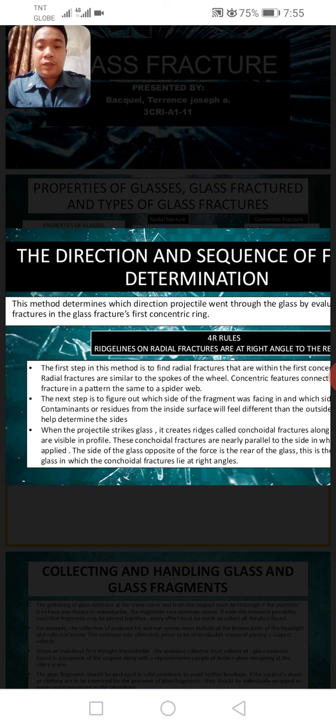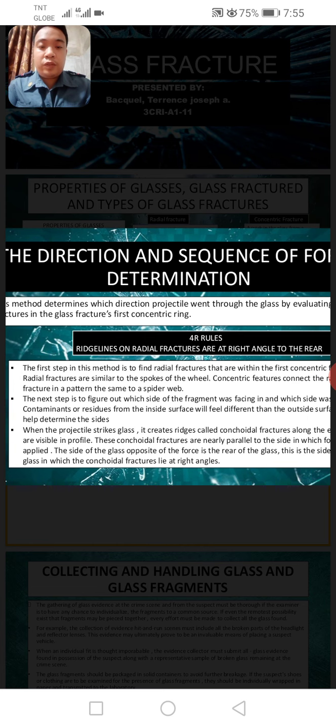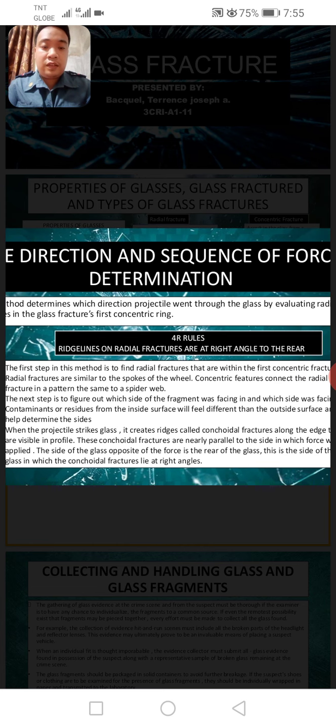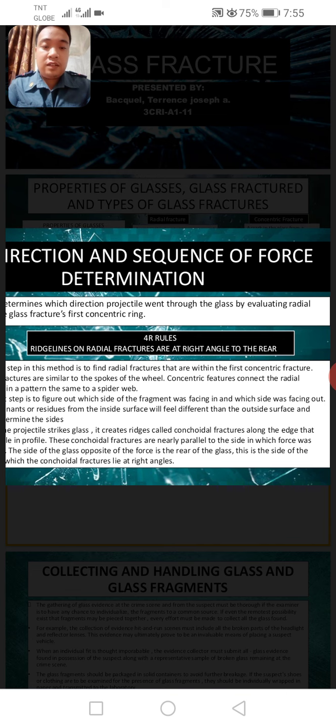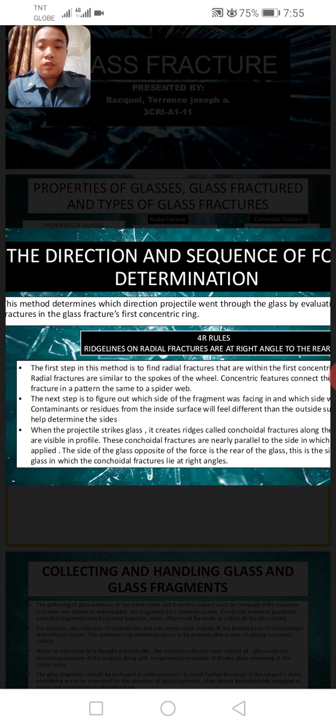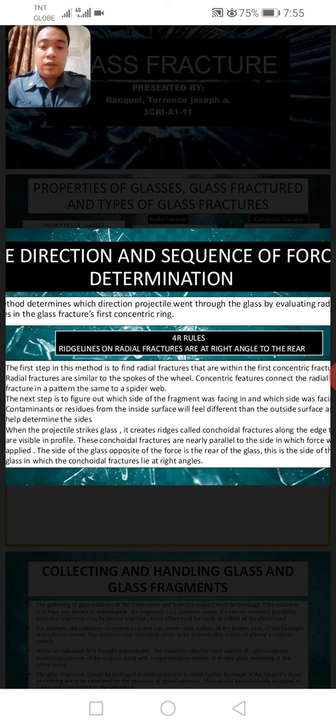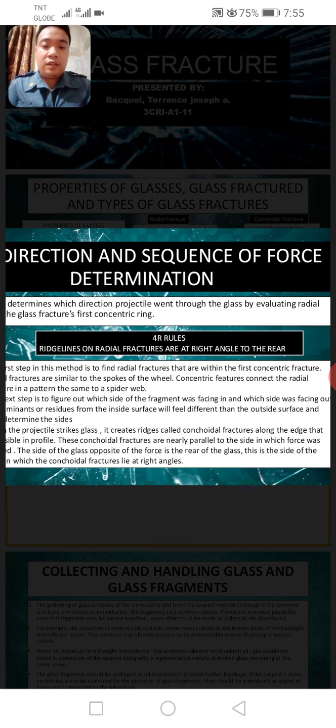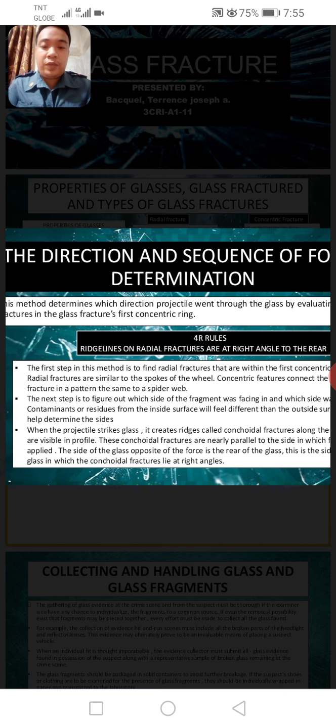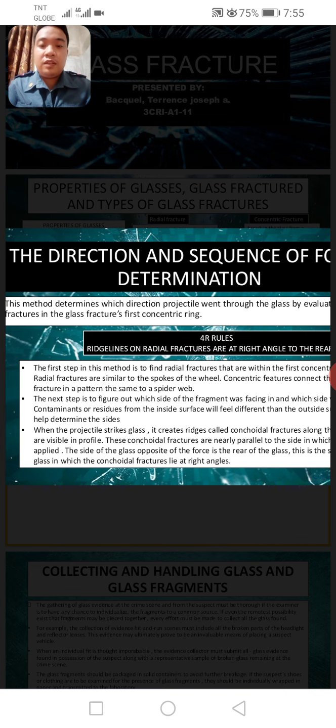The next step is to figure out which side of the fragment was facing in and which side was facing out. Contaminant or residue from the inside surface will differ from the outside surface and help determine the side.